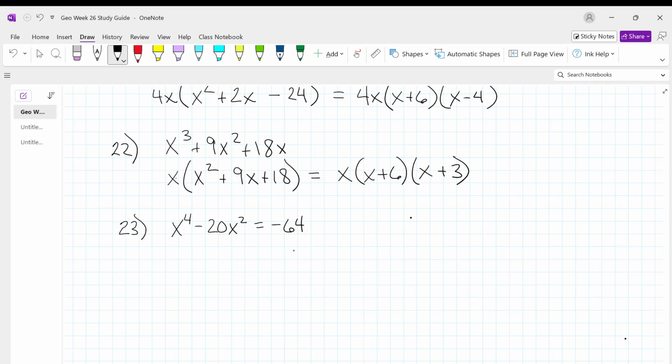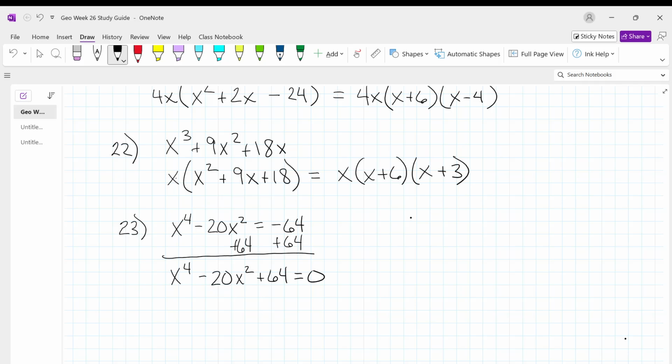So we're going to get everything on the left-hand side of this equation. So we're going to add 64 to each side. We're left with x to the 4th minus 20x squared plus 64 equal to 0.